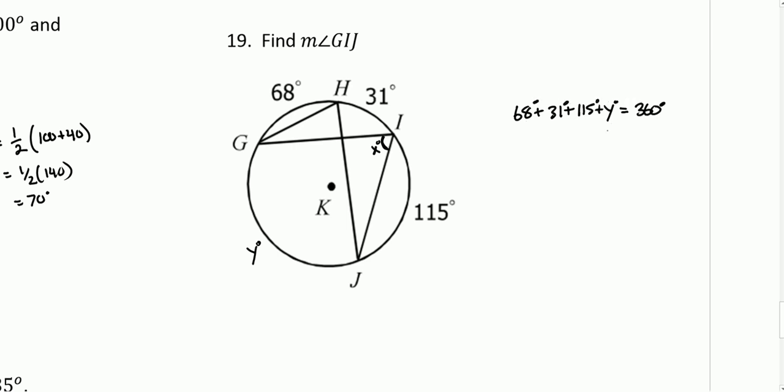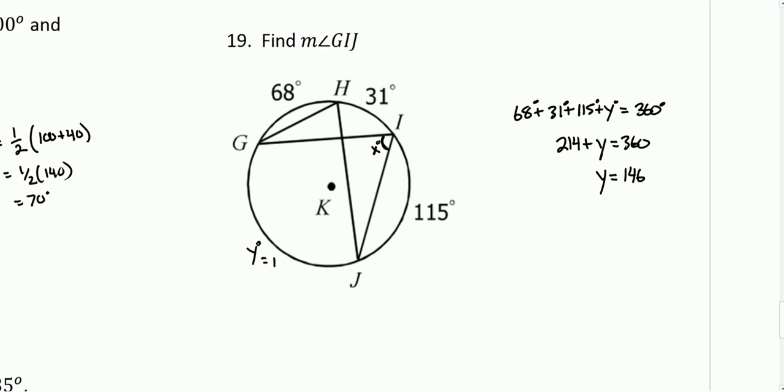And so then we can solve for Y here. 68 plus 31 plus 115 is 214. Subtract 214 from 360, and we get 146.